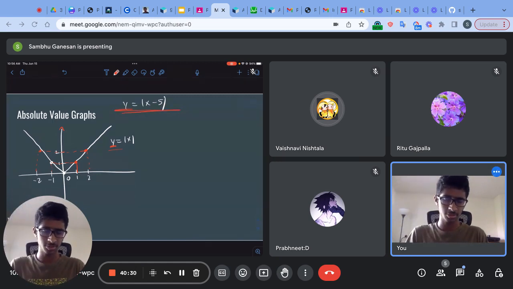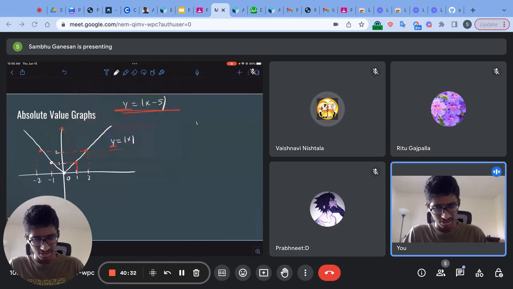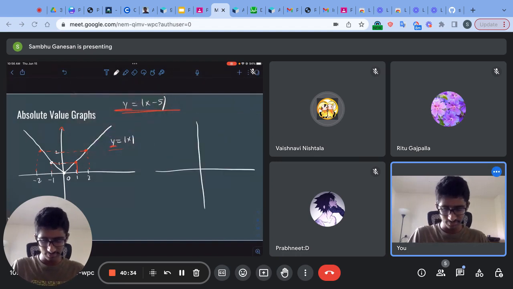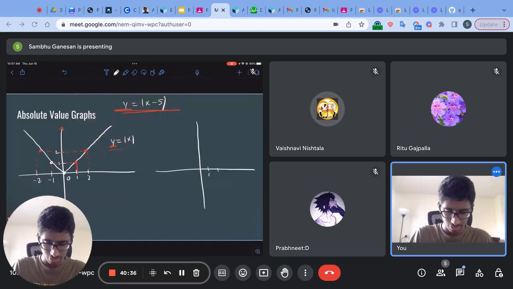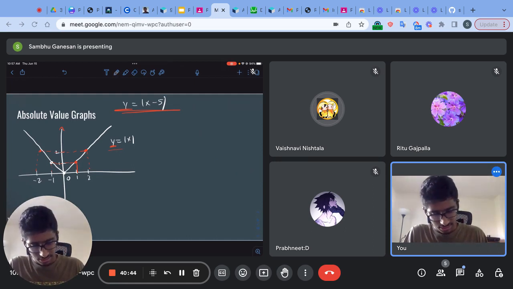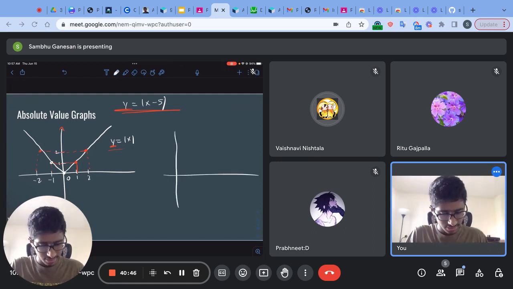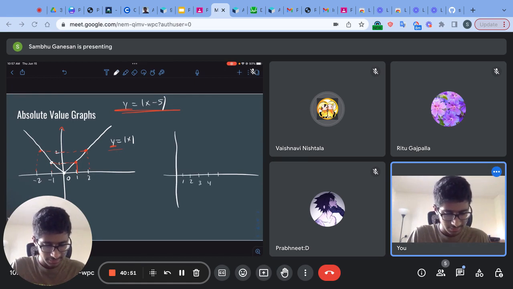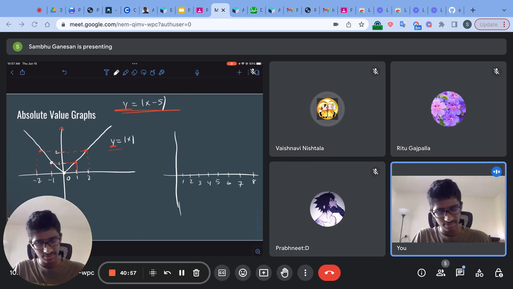How are we supposed to do that? Okay, let's draw our coordinate grid again. Let me make a better coordinate system. Let's do something like this: 1, 2, 3, 4, 5, 6, 7, 8, and this axis we will determine later.